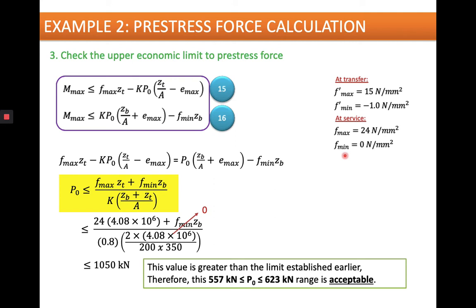Based on the section modulus, we have already determined the suitable section to be used for our design. The next part is to determine the pre-stress force to be induced to our section. As we have four equations, we are going to get the range, and from the range we are going to calculate which one is the most economical to be used for our section.